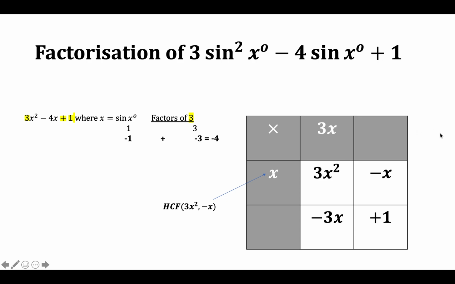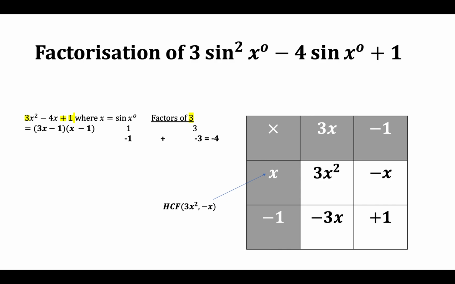That is 3x. X multiplied by what gives us -x? That's -1. And 3x multiplied by what gives us -3x? That is -1. We can do a wee checking method: -1 multiplied by -1 gives us +1, so we know that we've factorised correctly. So 3x squared minus 4x plus 1 is equal to 3x minus 1 multiplied by x minus 1.